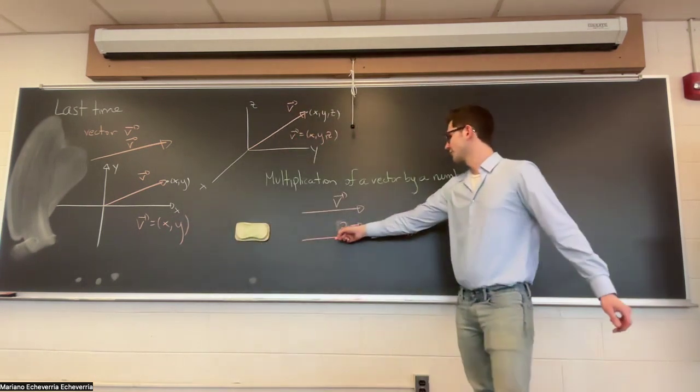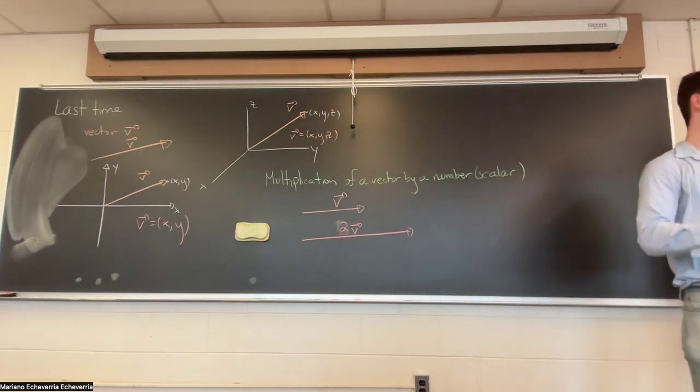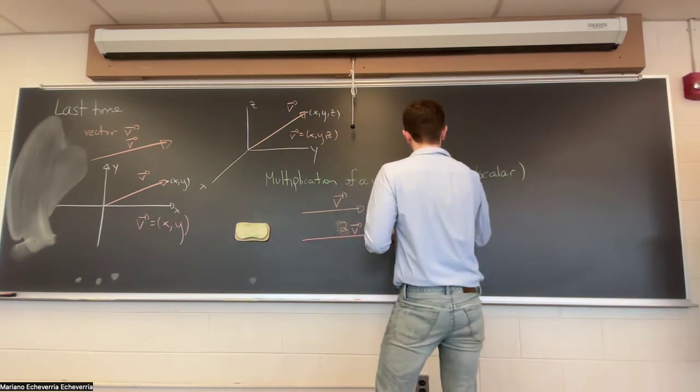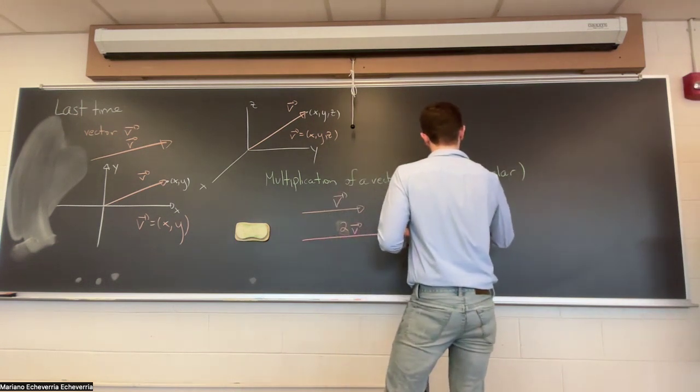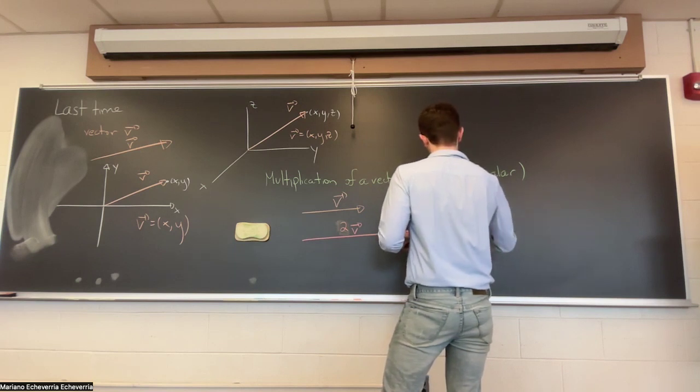So what should the vector 2v mean? It should mean a vector that's twice as long, but it still points in the same direction. So this one is twice as long, but same direction.